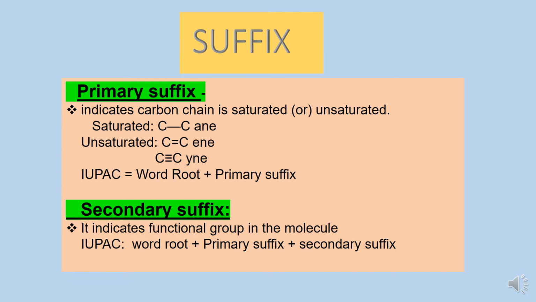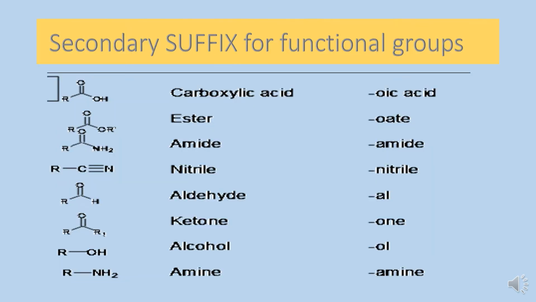And the secondary suffix is added after the primary suffix in the name of the organic compound, and it indicates the presence of a functional group in the molecule. A few examples of secondary suffixes: for carboxylic acid, the suffix used is oic acid.